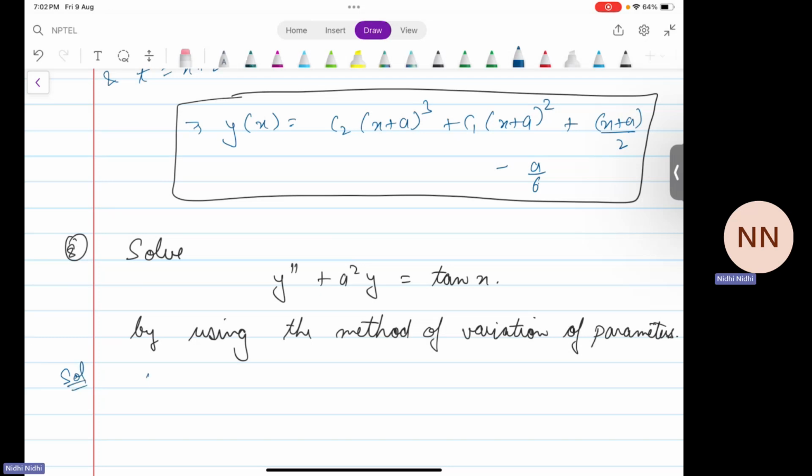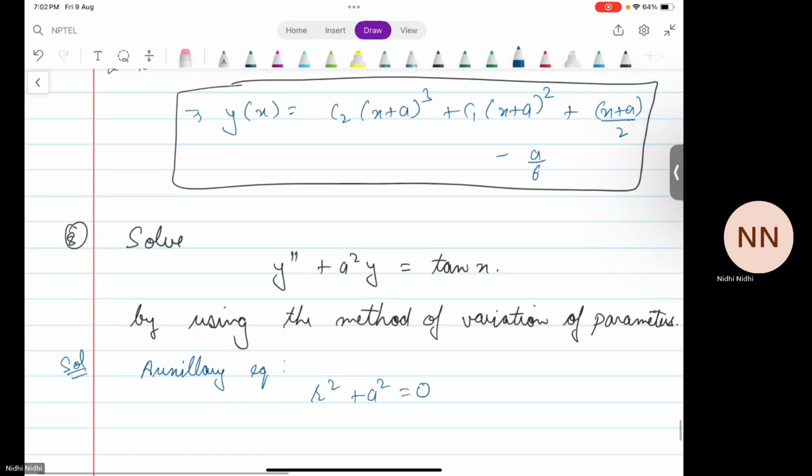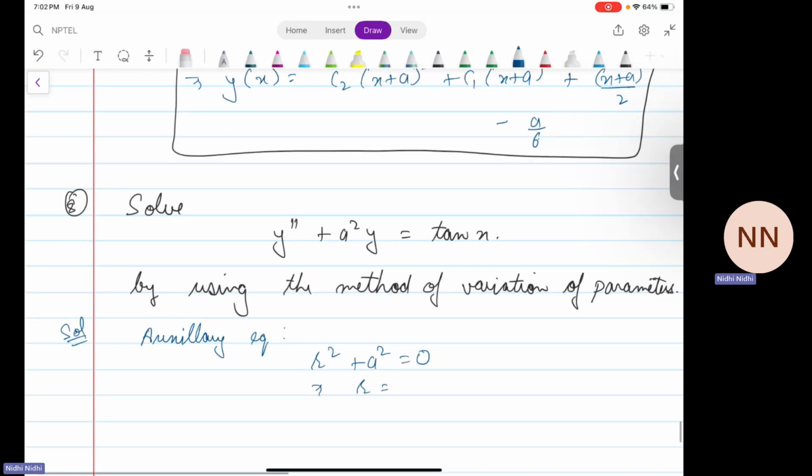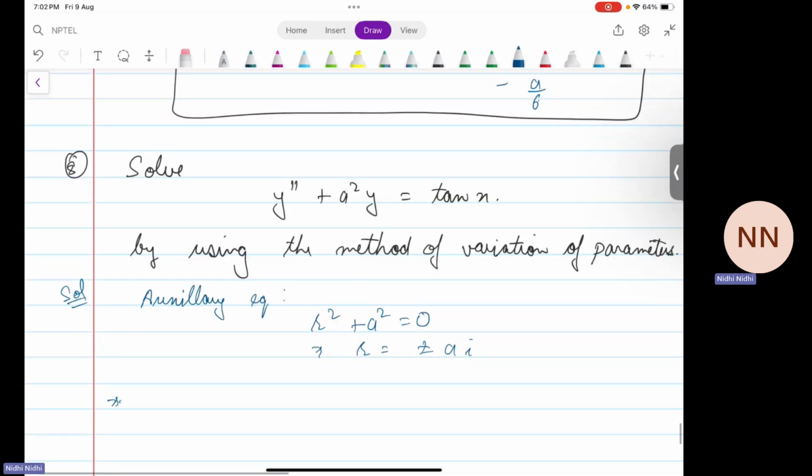For that, our auxiliary equation is r square plus a square is equal to 0. This gives us r is equal to plus minus a iota, which implies our complementary function yc(x) is equal to, since the real part is 0, just c1 cos ax plus c2 sin ax.